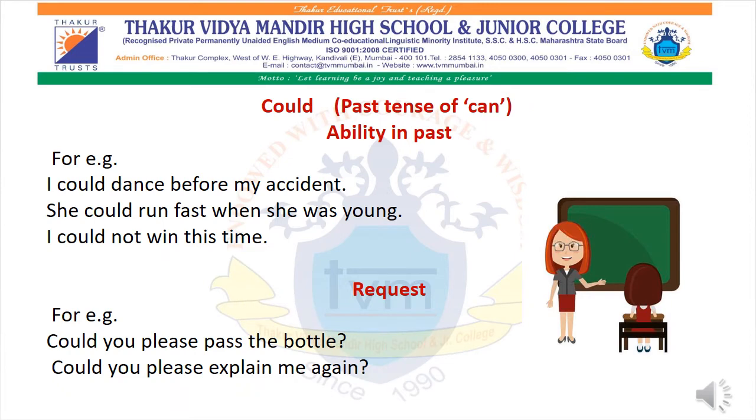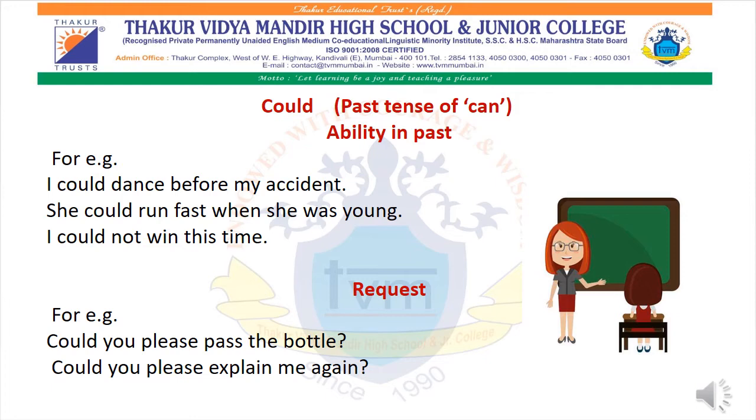Now the word could, that is one of the modal auxiliary words, could. This word could acts if you want to tell about a particular person's ability in the past, or the word could is also used if you want to request someone.